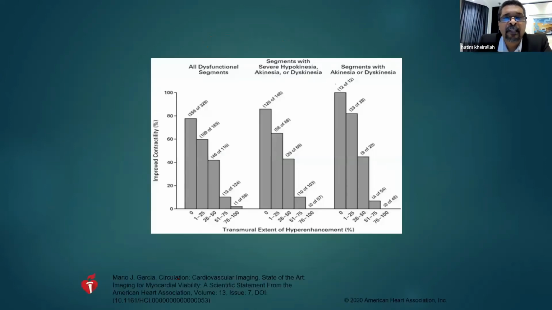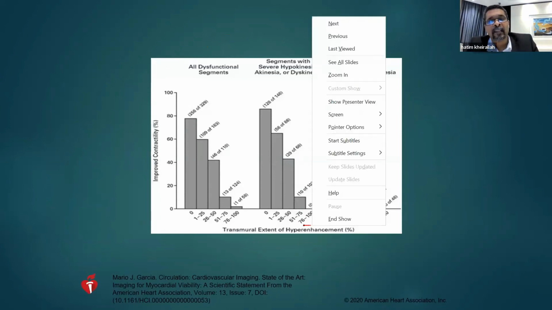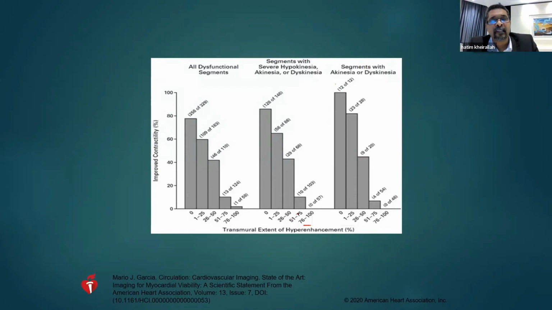Studies have shown that the transmural extent of hyperenhancement correlates with non-viability. See here, when it is 70 to 100% compared to 50 to 70 compared to 25 to 50, the more involvement of the wall thickness, the more likely the muscle is not viable.